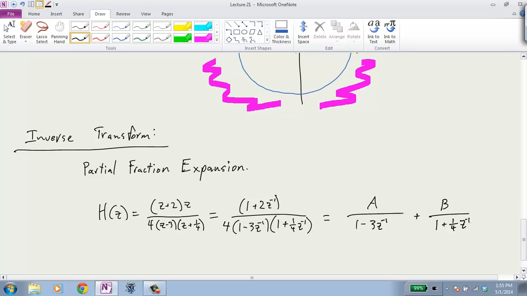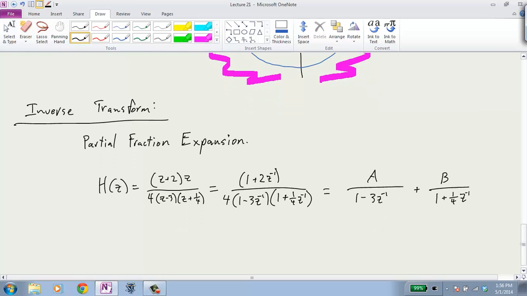Now, of course, we know that if we add these two fractions, the denominator will be the product. Think of this 4 as being a 1/4 in the numerator. And so if we choose the right A and B, due to the cross multiplication, we should be able to reconstruct this fraction. Now you can just do whatever solver you want to get A and B.